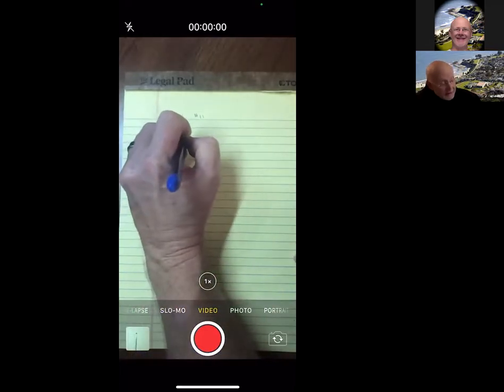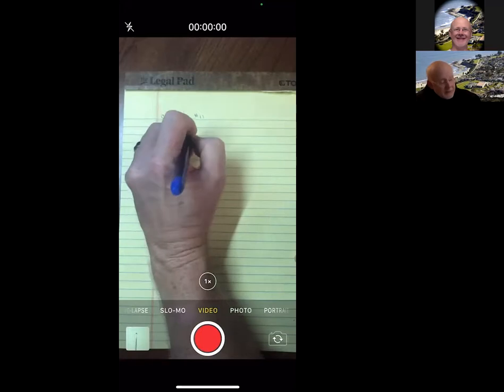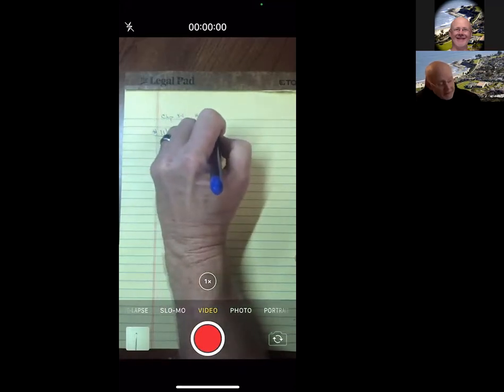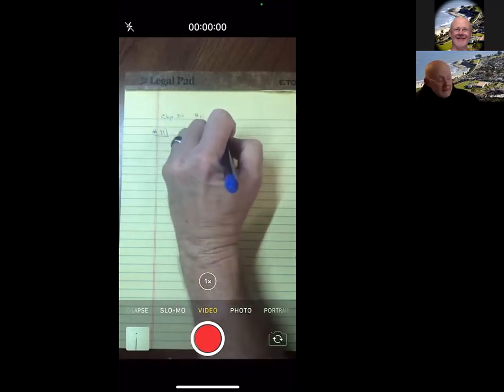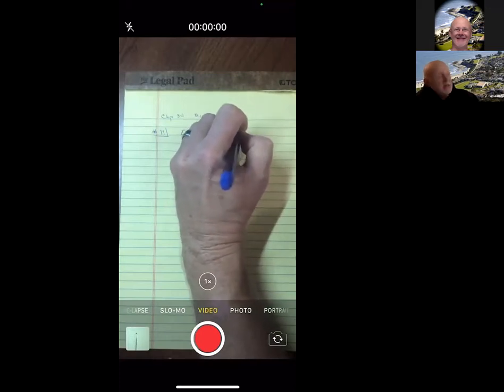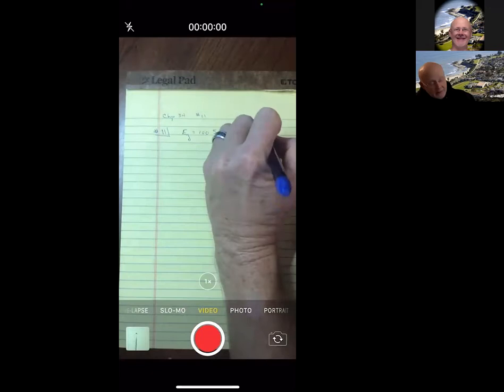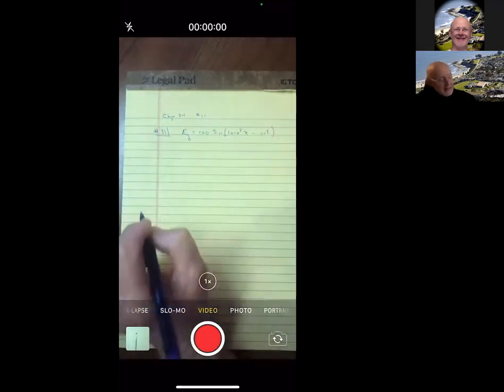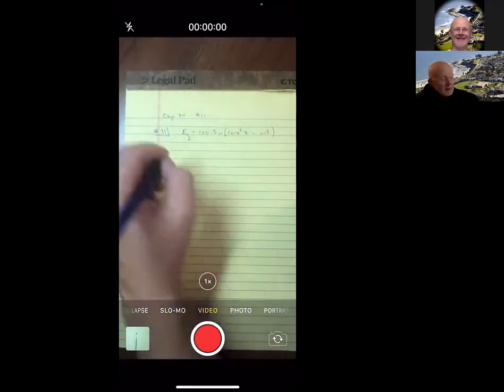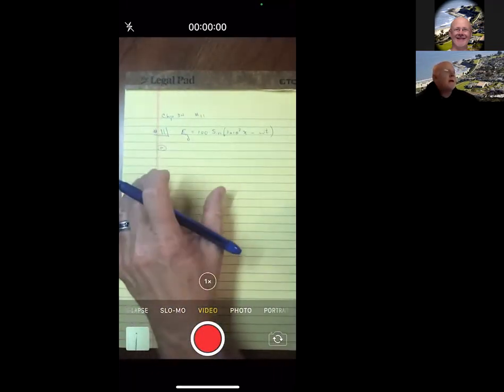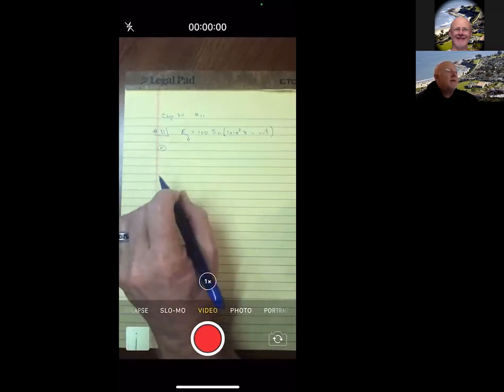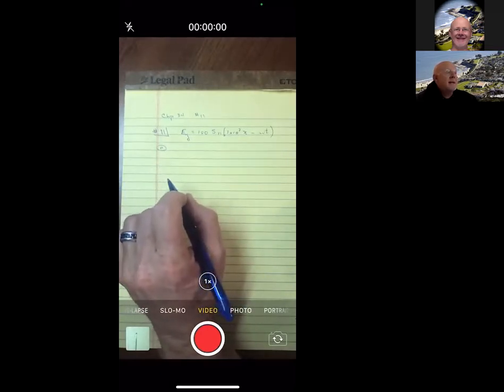So the electric field in the y direction is 100, and it's a sine. And it looks like it's 1 times 10 to the 7th x minus omega t.